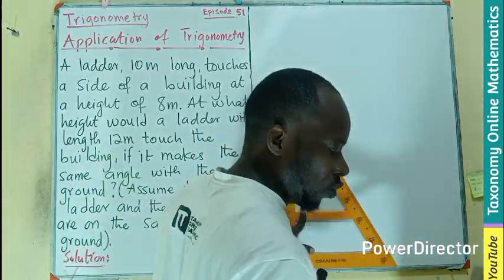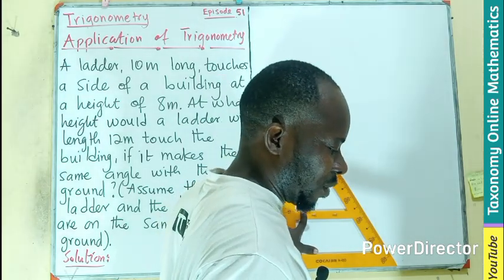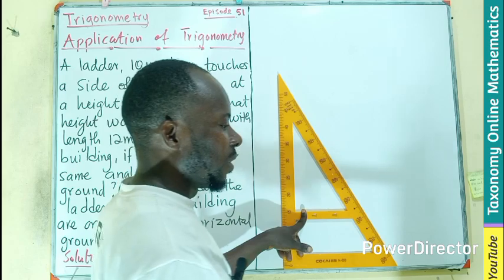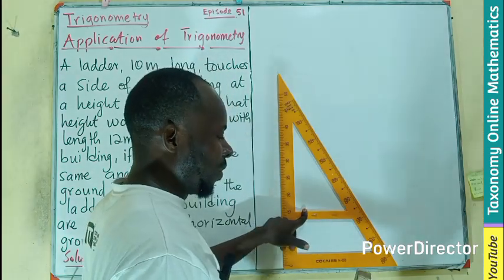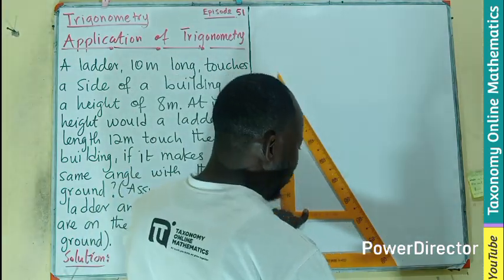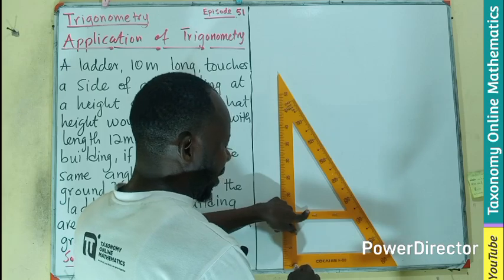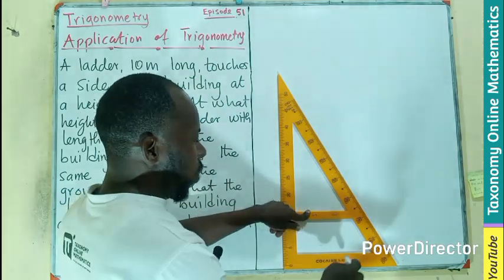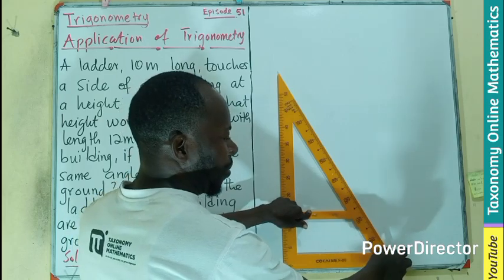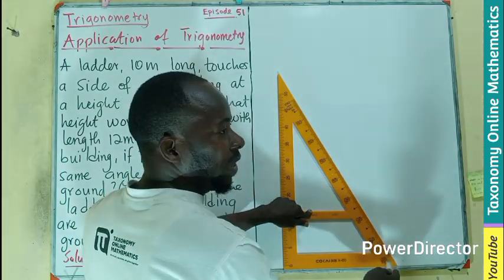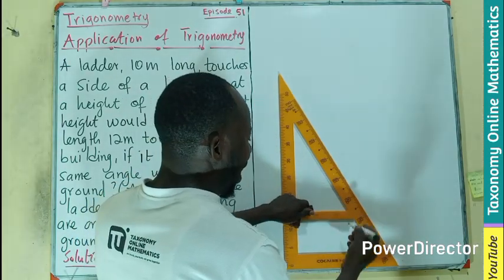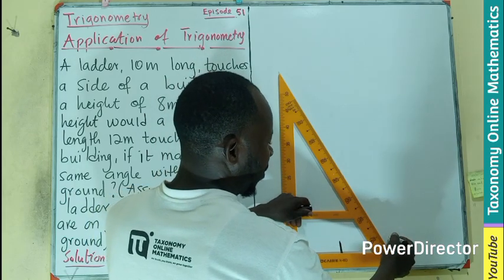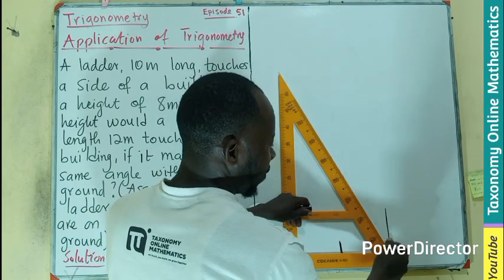Now if I have two ladders which are of different length, and they are all on the same level ground, it also means that they are going to be at different positions away from the building. So one can be here, one can be here. They are all not going to be in the same position. So let's see, we have the shorter one here, and we have the longer one here.